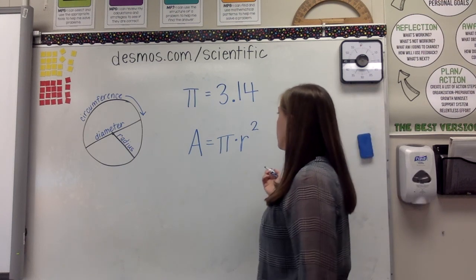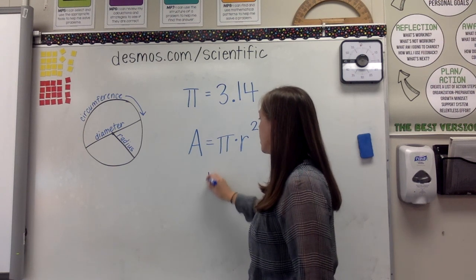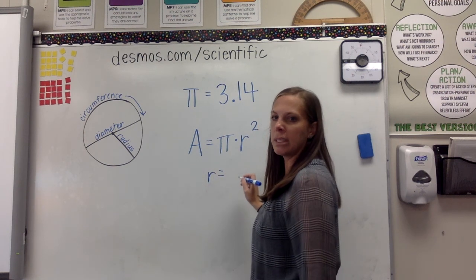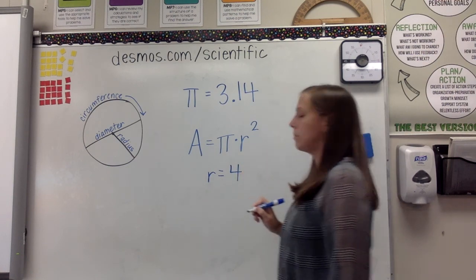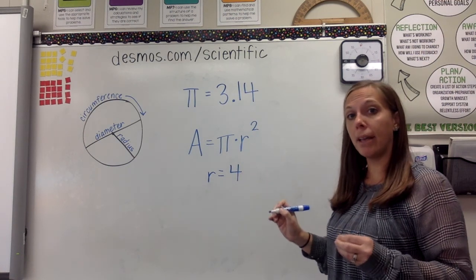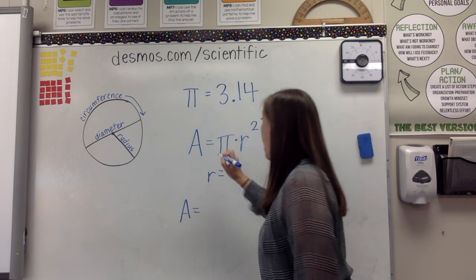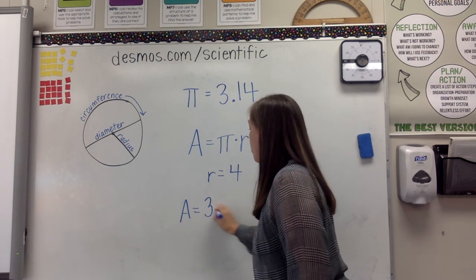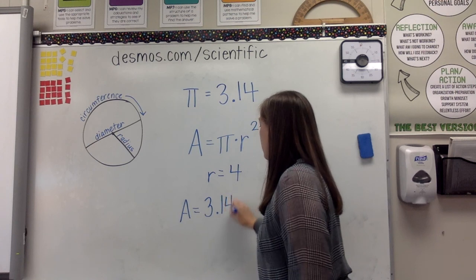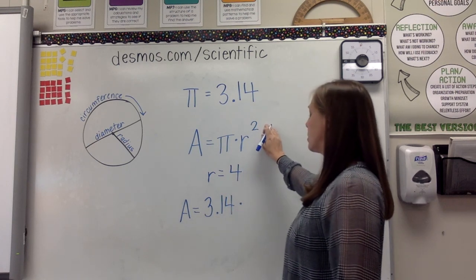When I have, let's say this circle has a radius of 4. I'm going to plug my values that I know into my formula. I have area equals pi, which is 3.14, times my radius squared.